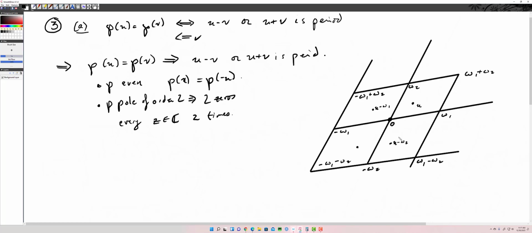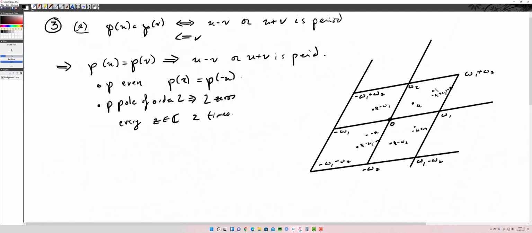And when I say equal to, I mean after I plug it into the function, right? U minus omega 1 minus omega 2, okay? But it's also equal to minus U. And because of that, it's equal to minus U plus omega 1. And it's equal to minus U plus omega 1 plus omega 2, right?